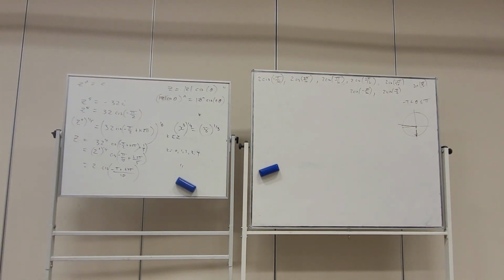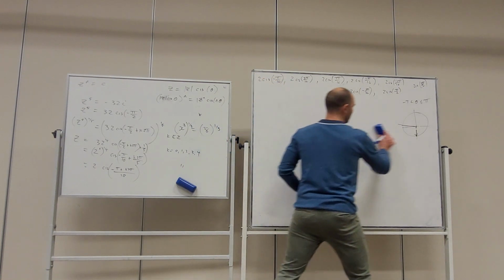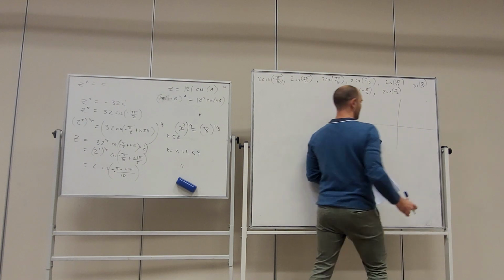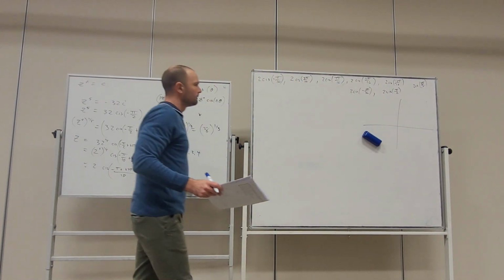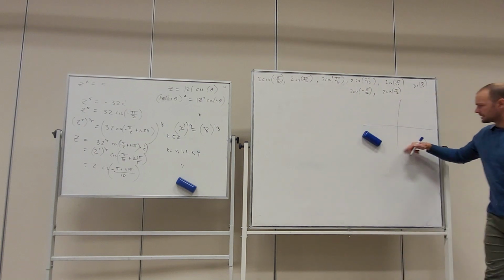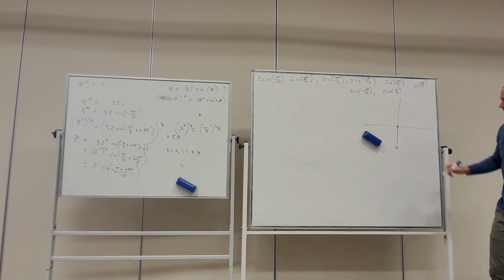Okay, so it says solve the 5 roots of minus 32i and display them on the Argand diagram. All right, so I'll draw up a reasonably big one here. Now, all of these roots are basically going to be from the centre going out, and they're going to be equally distanced apart.